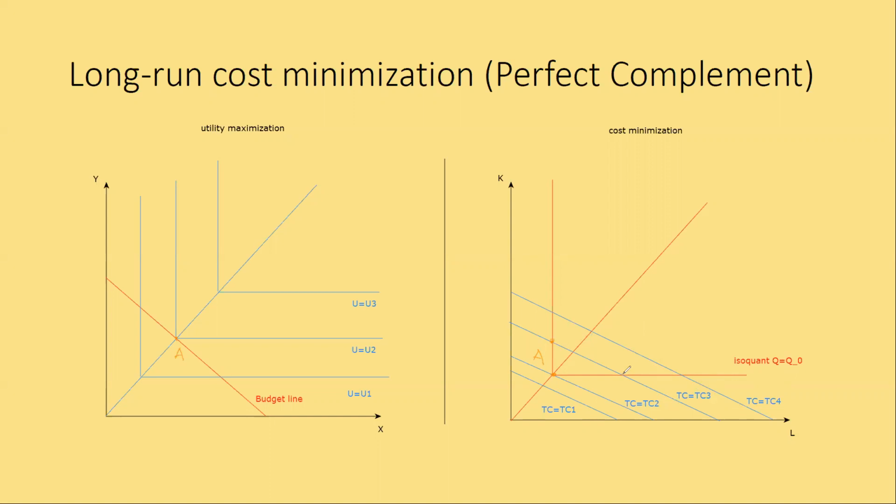Same as this point, and it is going to be even more costly if we choose point D over here. So point B and point C are going to incur TC3 that is higher than TC2. Point D is going to be even worse. And we can see that point A is the one that incurs the smallest amount of total cost.